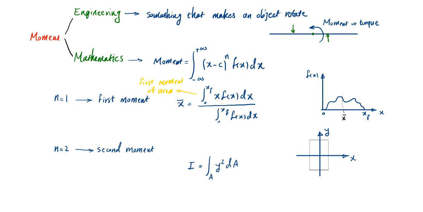So it's distance raised to a power multiplied by a function. This we have seen before. This is the second moment of area, or moment of inertia, depending on who you talk to.